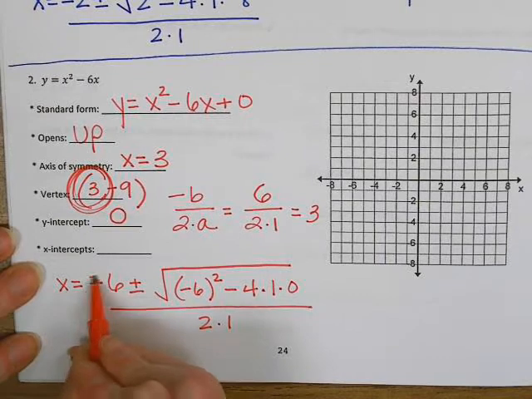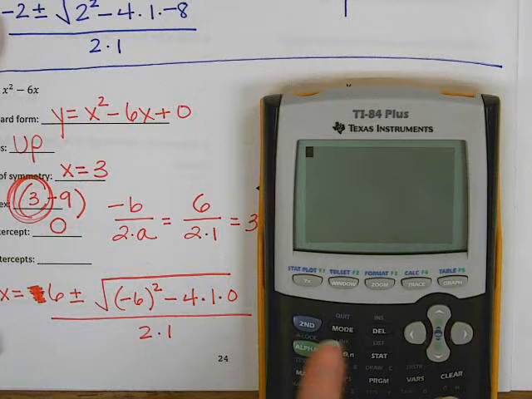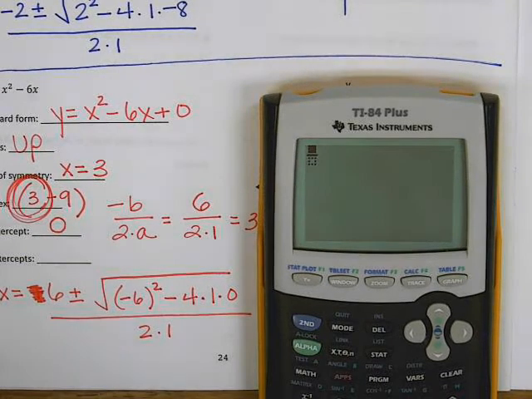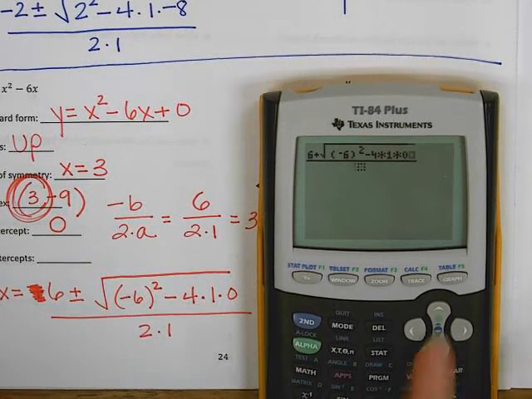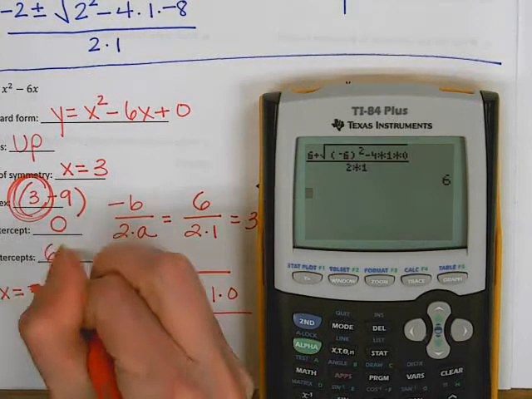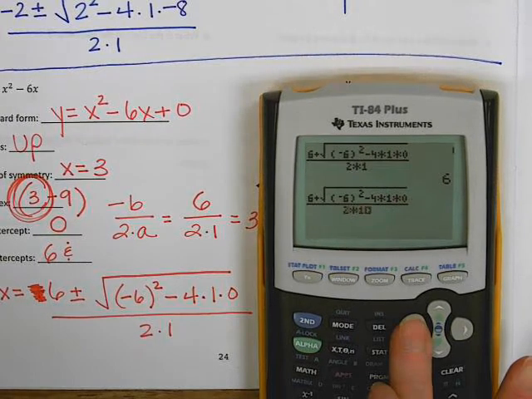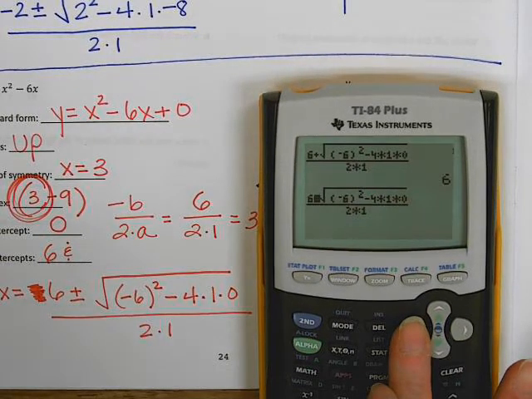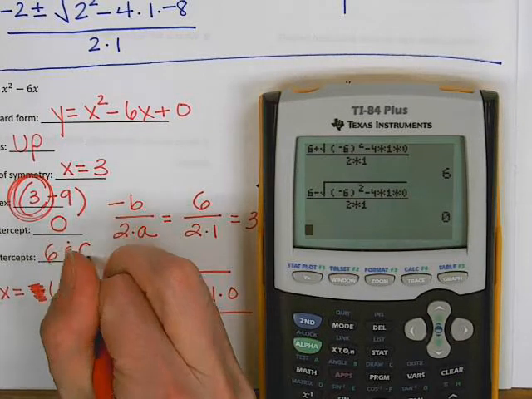Now, don't actually put a plus sign here. Just do 6. So let's make a fraction. It's 6 plus square root, parenthesis, negative 6 squared, minus 4 times 1 times 0, all over 2 times 1. So our first answer is 6. And then we're going to go ahead and change that plus into a minus. And our other answer is 0.